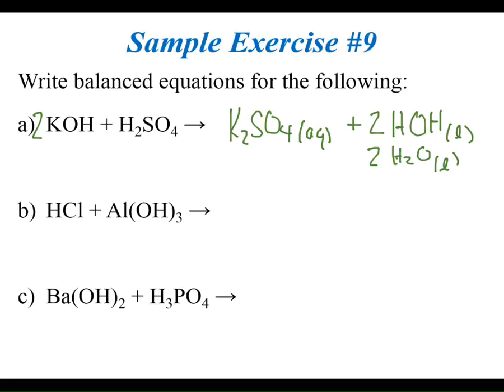Okay, try the next one. Try B. Good. What do you think? Swap your partners.